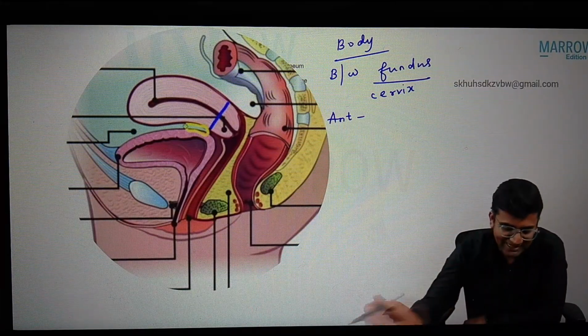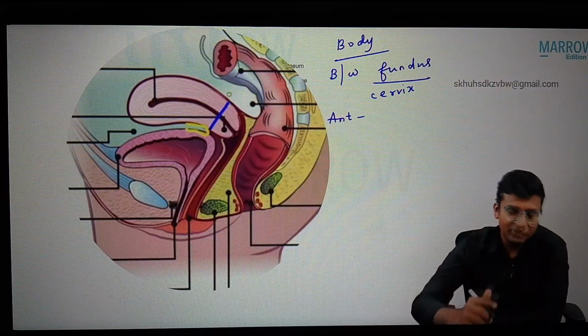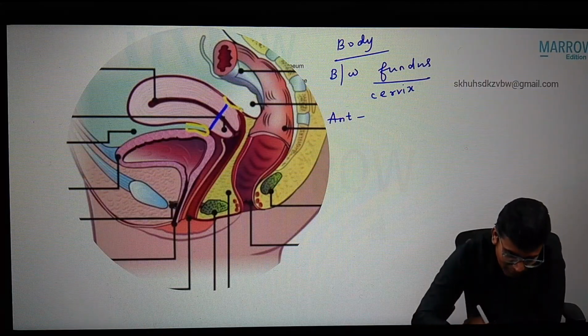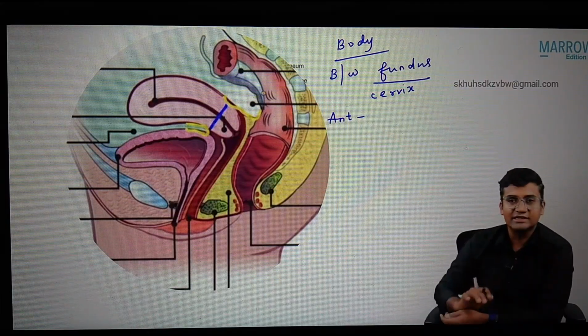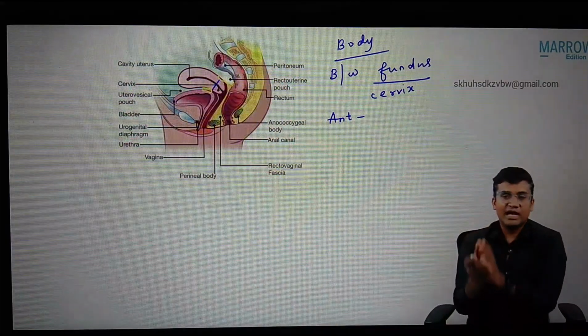But on the back side, posteriorly, the peritoneum is going a little down, all the way to the posterior fornix. That is the main difference.